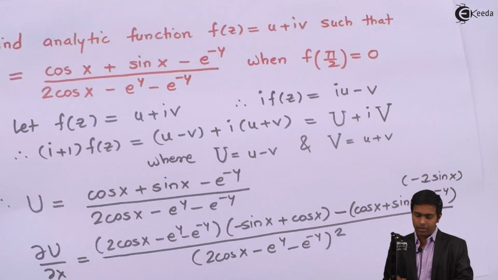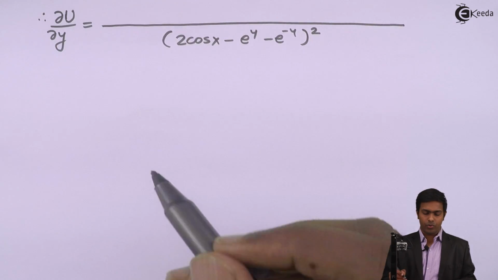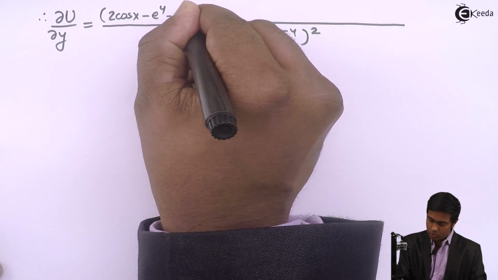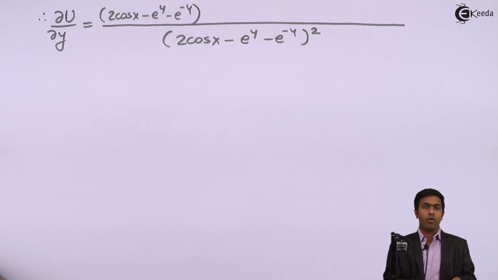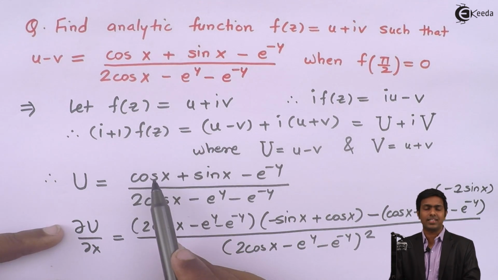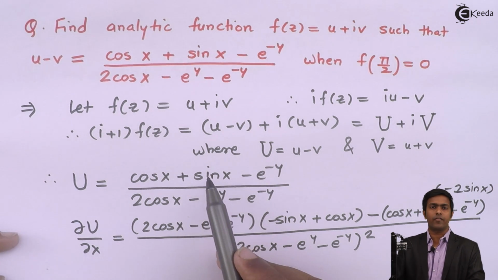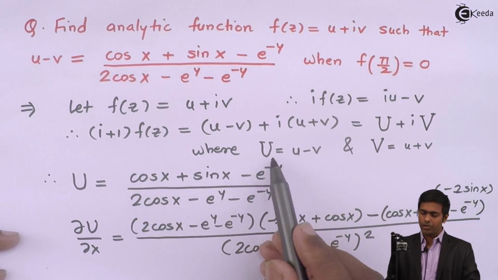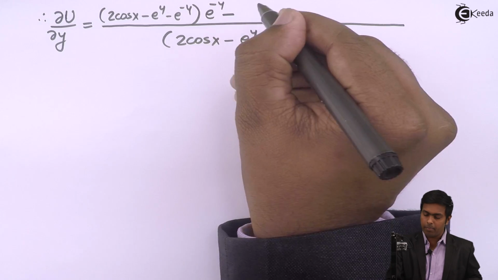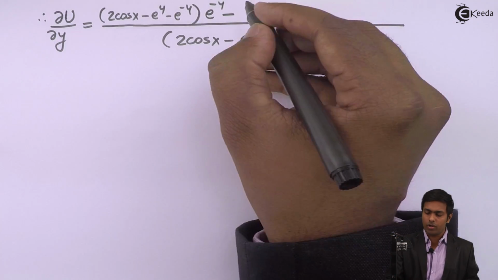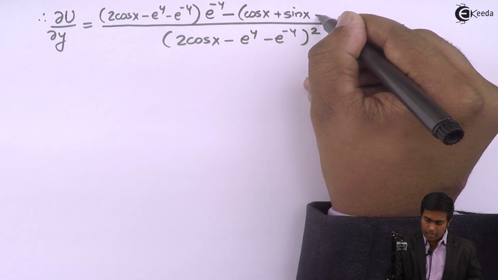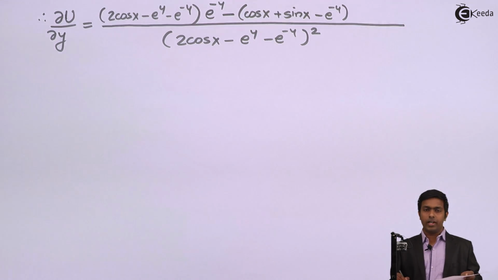In the numerator we will get v into derivative of u. So 2 cos x minus e^y minus e^(-y), and the derivative of this numerator, here derivative of cos x is 0, sin x is 0, because we are differentiating with respect to y partially, and here we will get positive e^(-y). So e^(-y) minus, now numerator as it is, so I will write it down, that is (cos x plus sin x minus e^(-y)) into derivative of denominator.